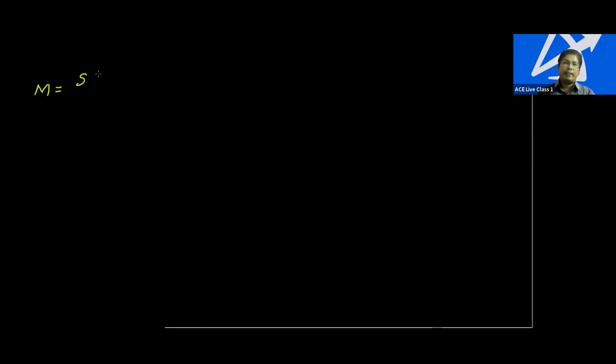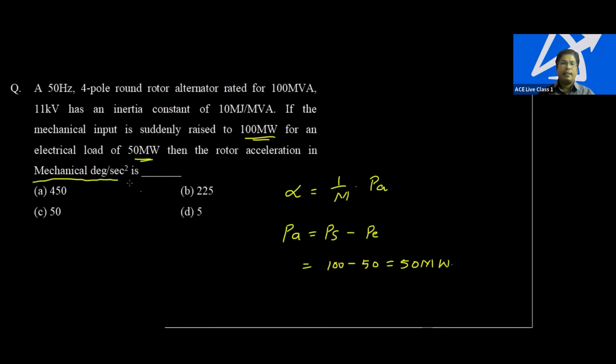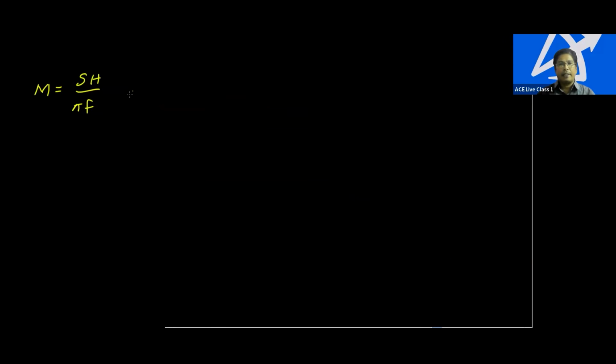M is nothing but S into H divided by pi into F. When you are writing pi here, it will be electrical radians, and in place of F, if you write N by 60, it will become mechanical radians. They are asking mechanical degrees. It will be S into H divided by 180 into, in place of F, N by 60.